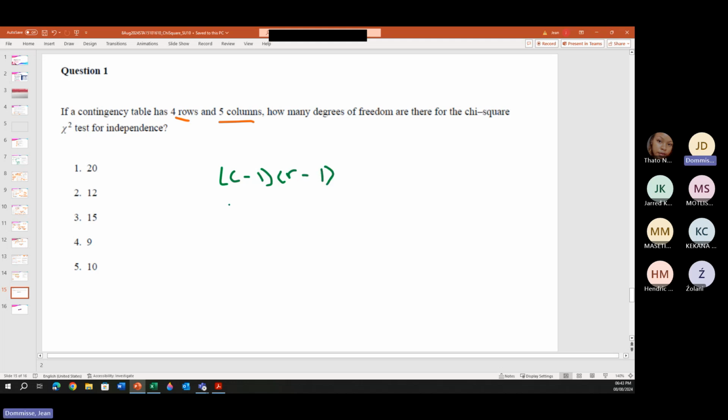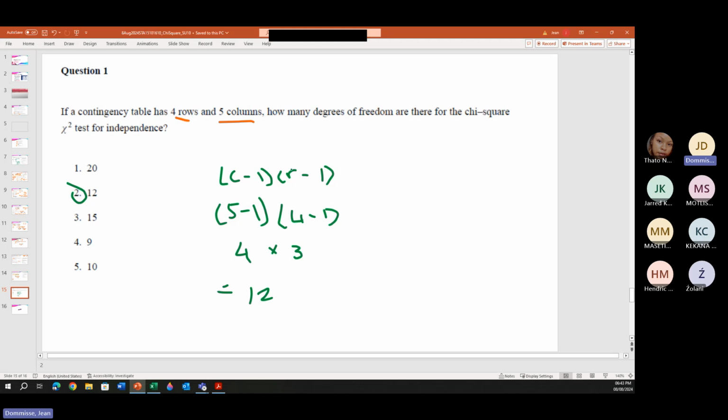So columns is 5 minus 1, rows is 4 minus 1. It's 4 times 3, which gives us 12, just to recap that.